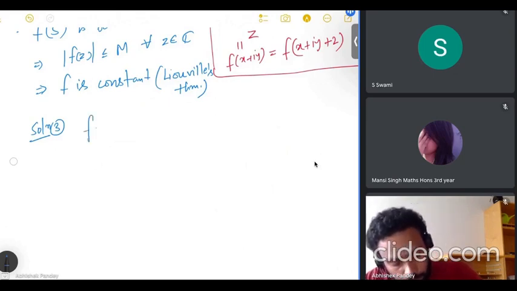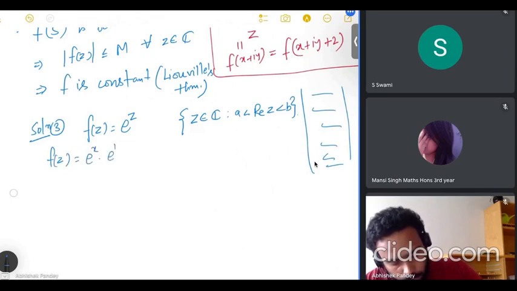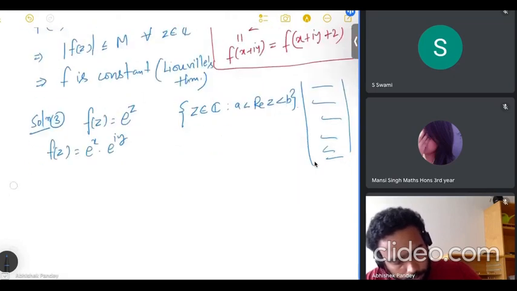So let us take f(z) equal to e to the power z. Take any vertical strip, which means z belongs to C with the real part of z between a and b. Now e to the power z is what? f(z) equals e to the power x times e to the power iy.